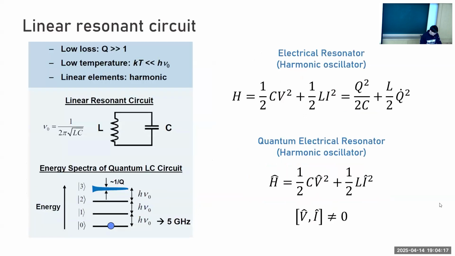So this is the linear resonance circuit, before we learn about the superconducting qubits. We can see these Hamiltonians in the linear resonance circuit.